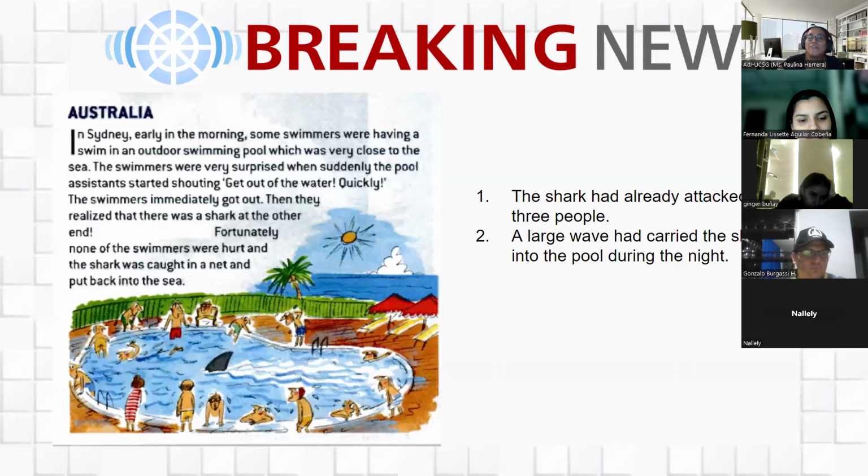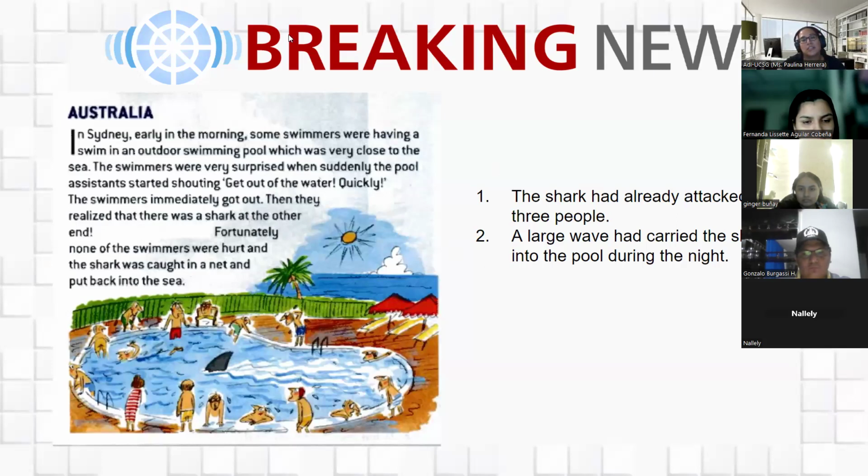Now, here I have 2 sentences. These 2 sentences will fill this space, and it's going to tell us what happened. So, which one would you pick to complete the story? The shark had already attacked 3 people, or a large wave had carried the shark into the pool during the night? It goes here, and it says, fortunately, none of the swimmers were hurt.